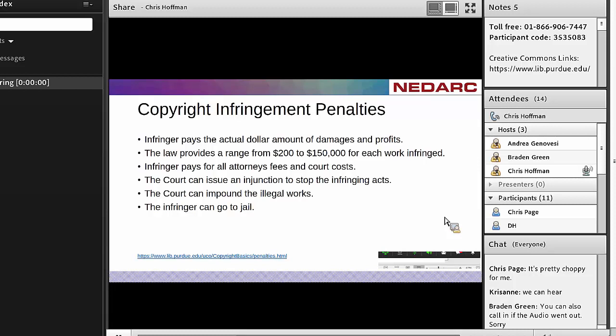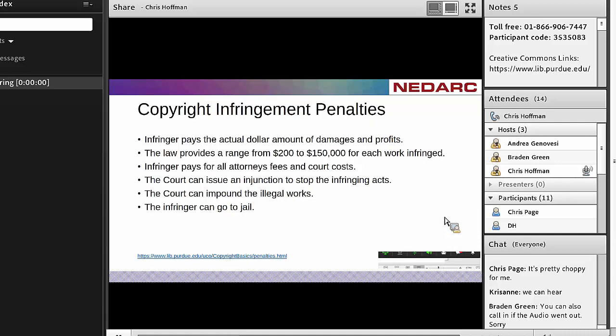So if the court says it's $150,000 each time that you've infringed on that work and you did it 20 times, that's 20 times $150,000. That goes over the $2,500 that says it is now a felony. And that's when criminal law starts to get in.